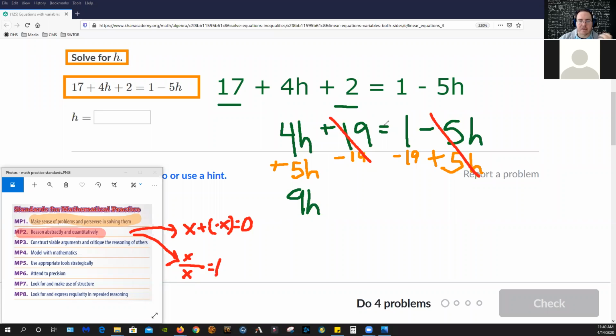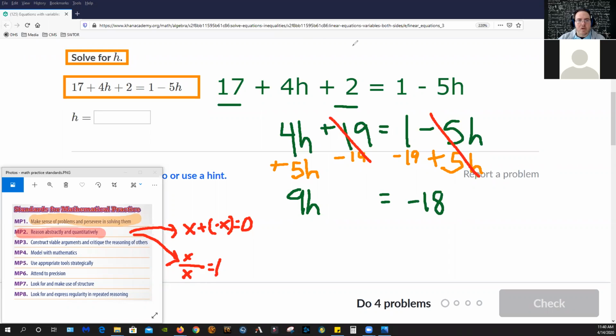We have to keep things balanced. Then, if I'm subtracting 19 from both sides, 1 minus 19 is going to be negative 18. But 19 minus 19 is 0. So 9h equals negative 18.